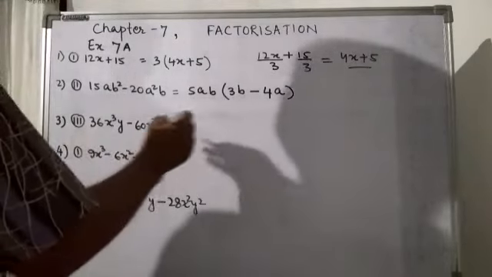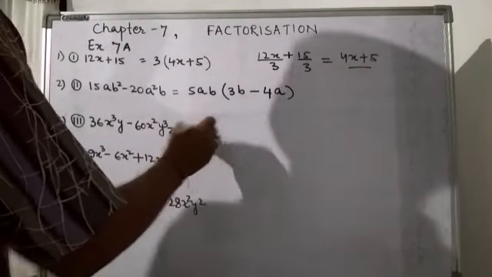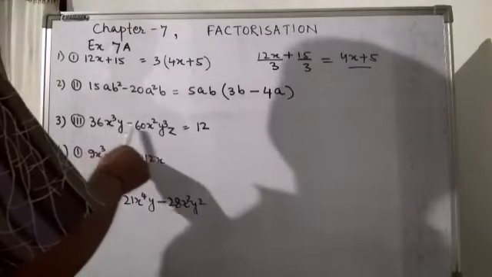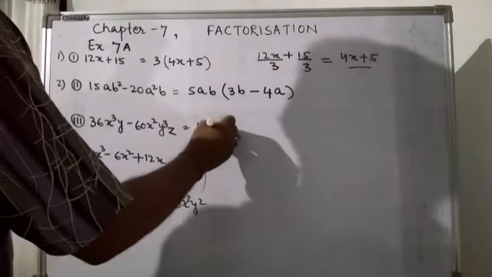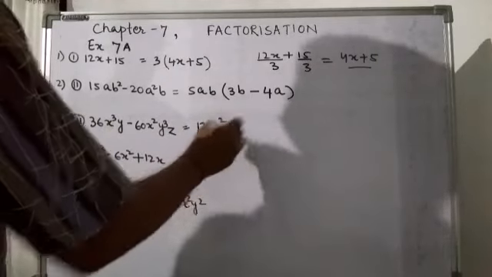Now question number 3: 36 and 60, 12 is the highest common factor. For x cube and x square, x square is the highest common factor. For y and y cube, y is the highest common factor.